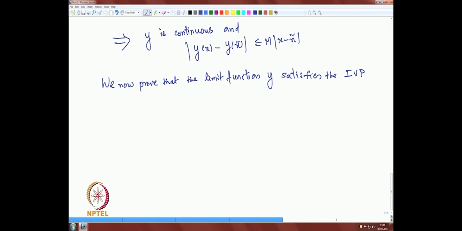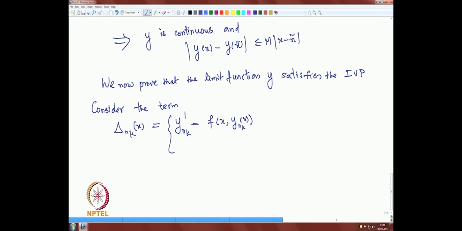For that, consider the error term, denoted by delta nk(x), which is equal to ynk prime, the subsequence we extracted from the sequence, minus f(x, ynk(x)).